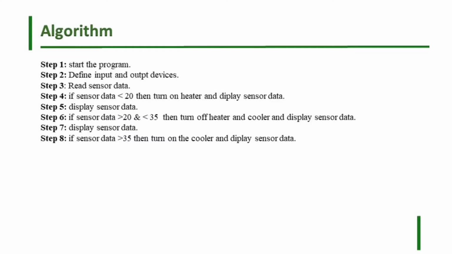If the temperature value is less than 20, the heater will turn on. If the temperature value is more than 20 and less than 35, turn off the heater and cooler. If the temperature is more than 35, turn on the cooler. And further, continue the process.